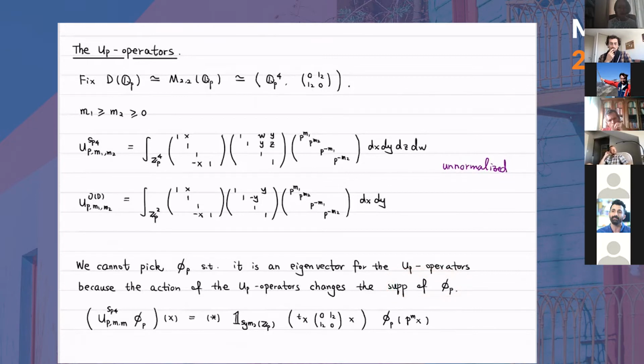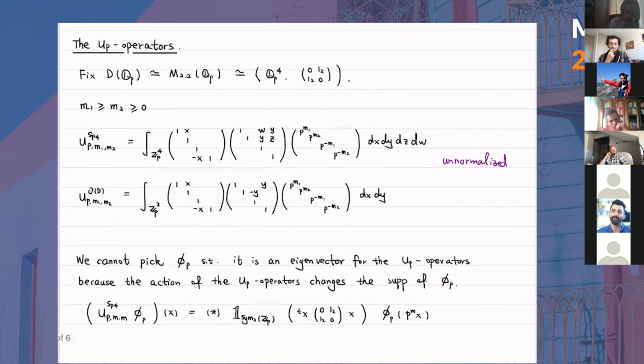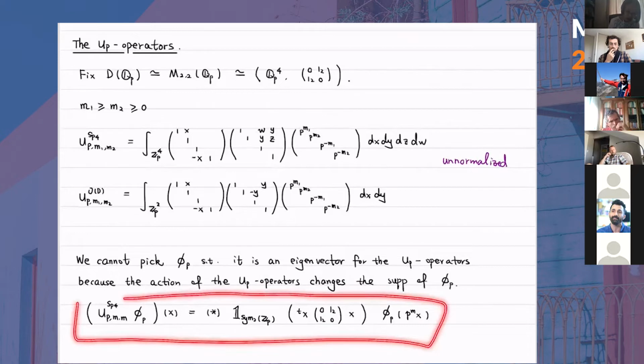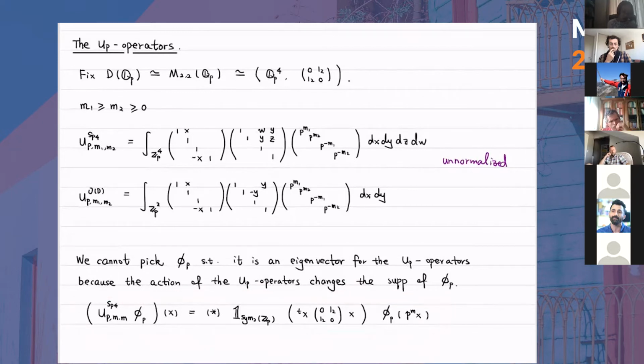So for example, if we consider the case when M1 is equal to M2, then we have the following formulas here. If you act on a Schwartz function, then you will see on this part that you're going to have points with smaller and smaller p-adic values coming into the support.